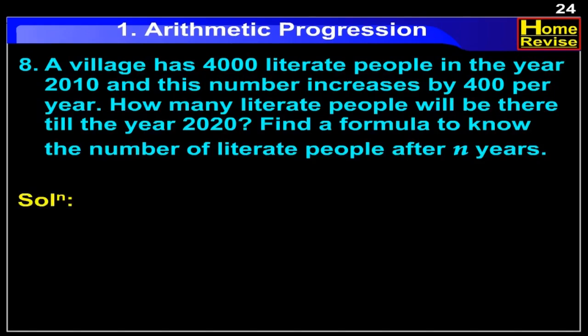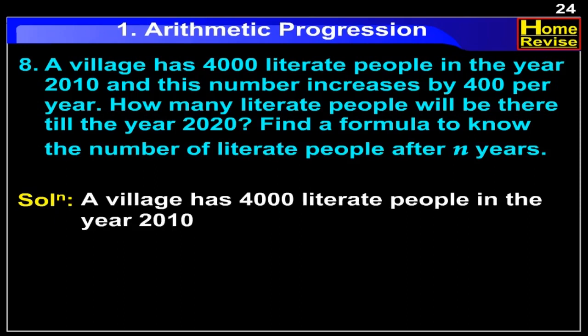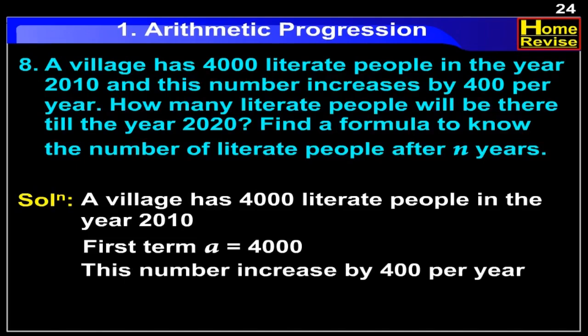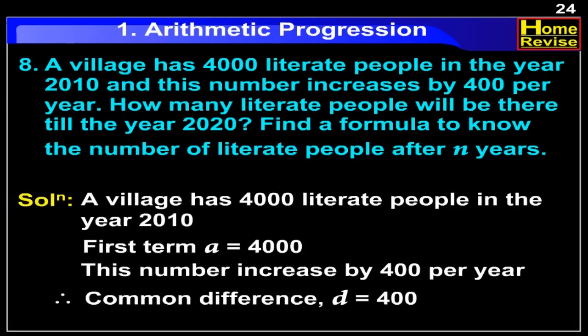Solution. A village has 4,000 literate people in the year 2010. Hence, first term a is equal to 4,000 and this number increases by 400 per year. Therefore, the common difference d is equal to 400.